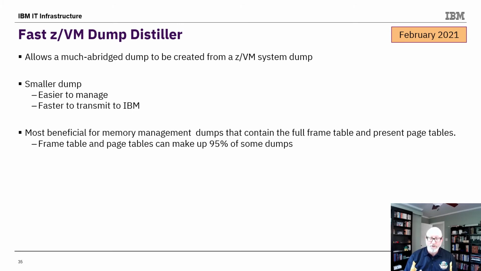IBM can take a look at it, maybe see if it's a duplicate of something that's a known problem. Just allows the actual analysis to get started a little faster, right? Meanwhile, if we really need the full dump, we can be processing that in the background and sending that forward. Now, important to note, this doesn't make the time of the abend go any faster, right? Because we're still taking the full dump. It's just a matter of processing on the back end, right?